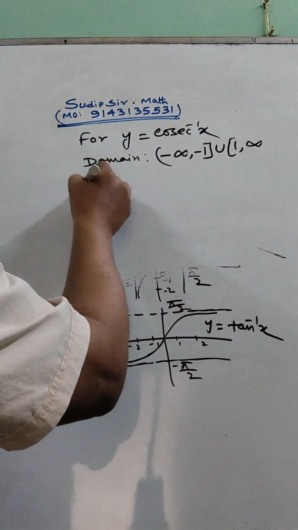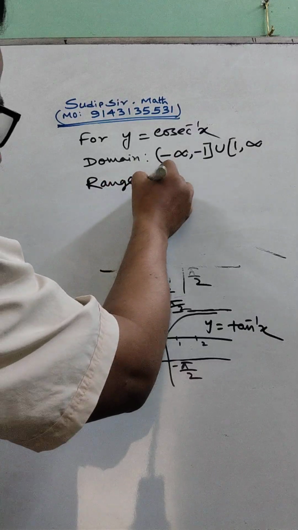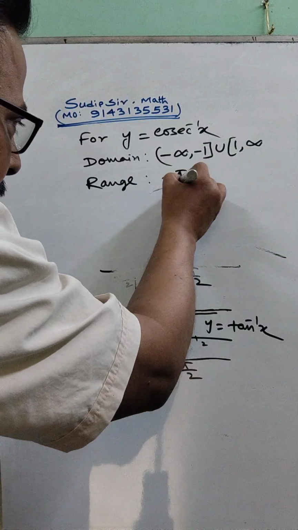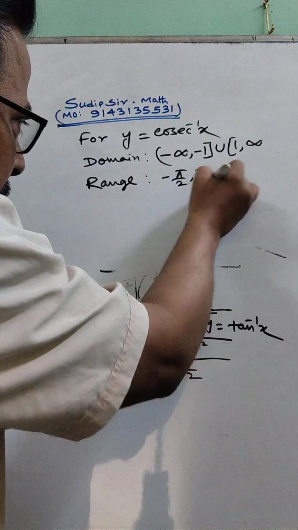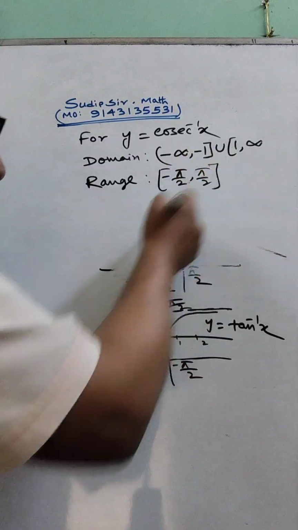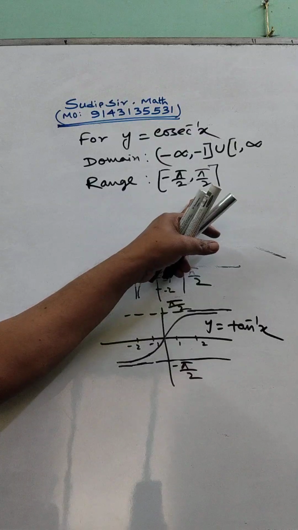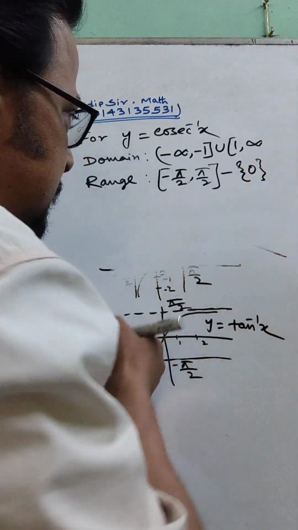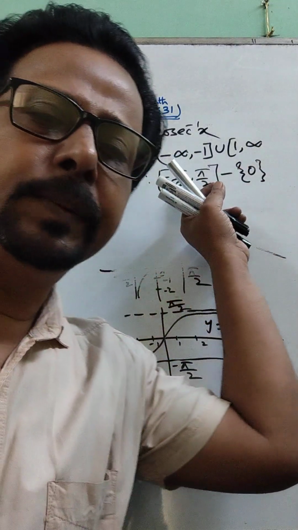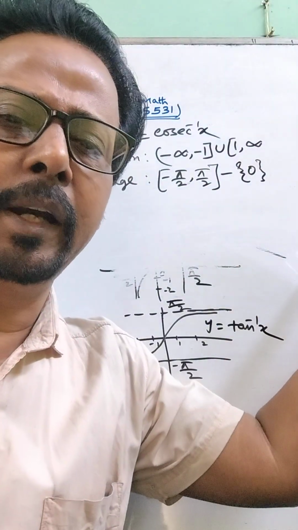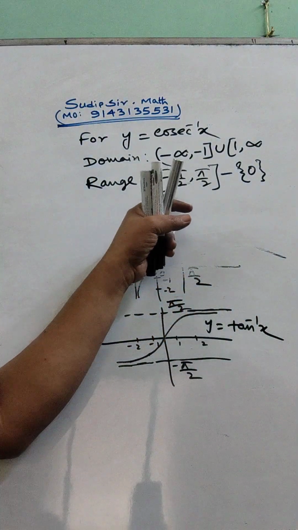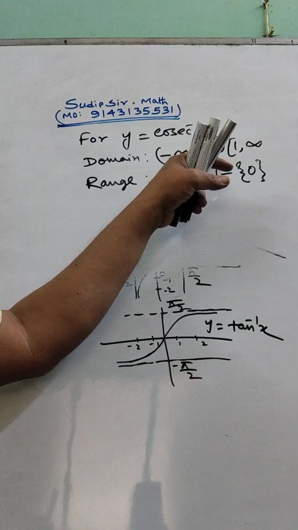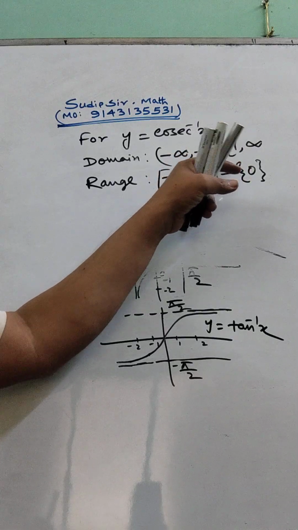But the range will be minus pi by 2 to pi by 2, but it will not take the value 0. Minus pi by 2 to pi by 2, but 0 is rejected. In range, 0 is rejected, and in domain, minus 1 to 1 is rejected.